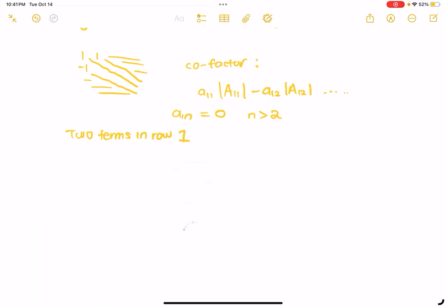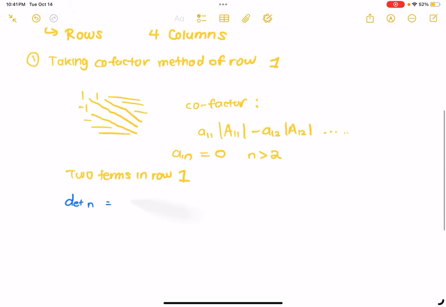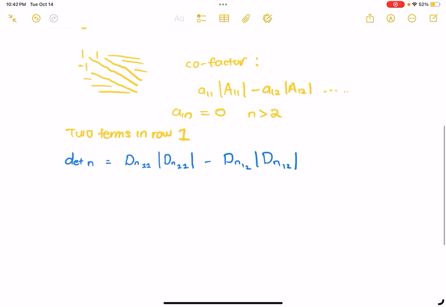So we are going to define this. I'm going to write this down as, the determinant Dn is equal to, in Dn, we take 1 times the matrix of Dn excluding row 1 and column 1, minus 1 times the matrix of Dn excluding row 1 and column 2. The entries A11 and A12 are always equal to 1.